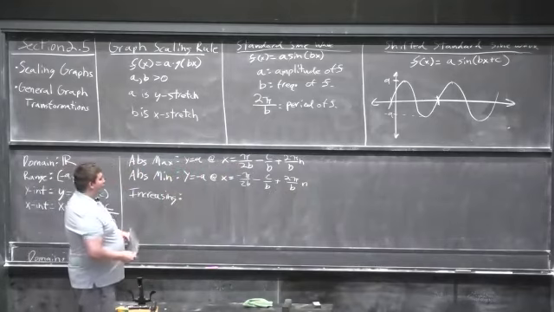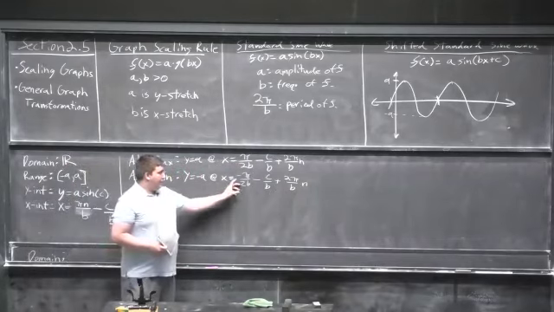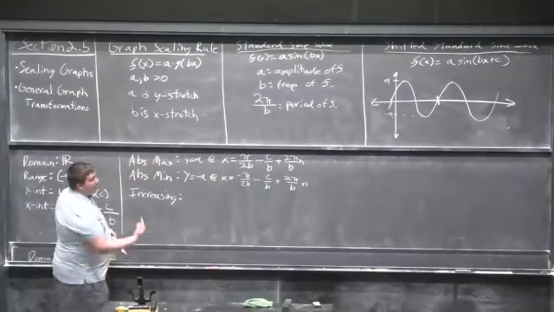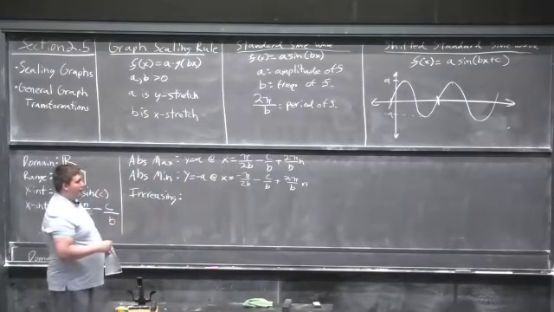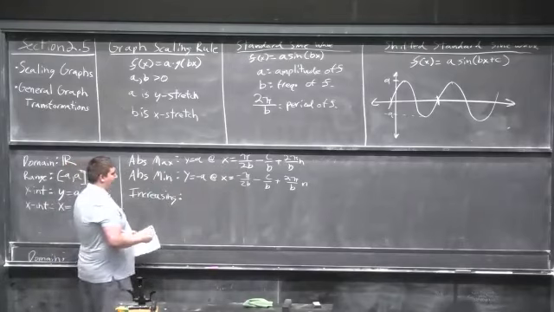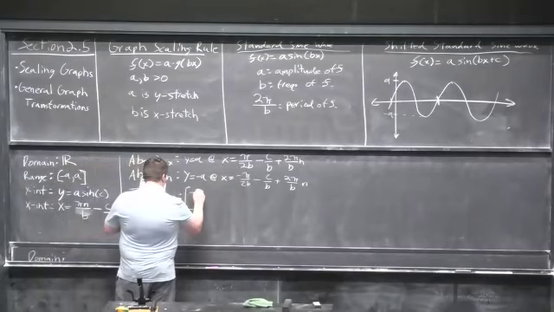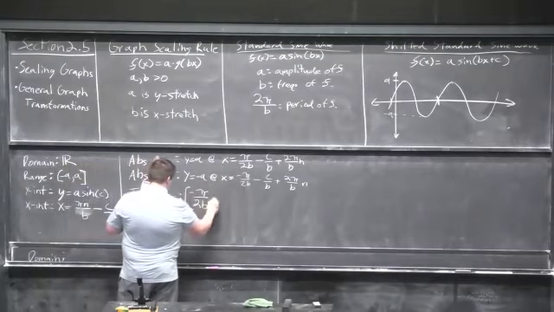So if this was our minimum and this was our maximum, then how we went from our minimum to our maximum would be this first increasing interval. So I'm going to write it as negative pi over 2b minus c over b.